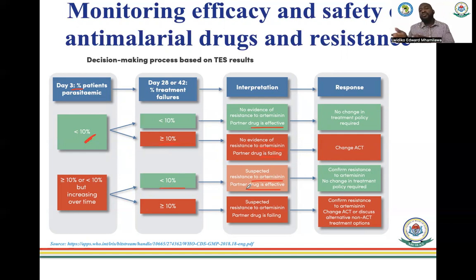And then you confirm resistance to artemisinin. How do you confirm resistance to artemisinin? Also by checking whether there are any molecular markers for artemisinin.